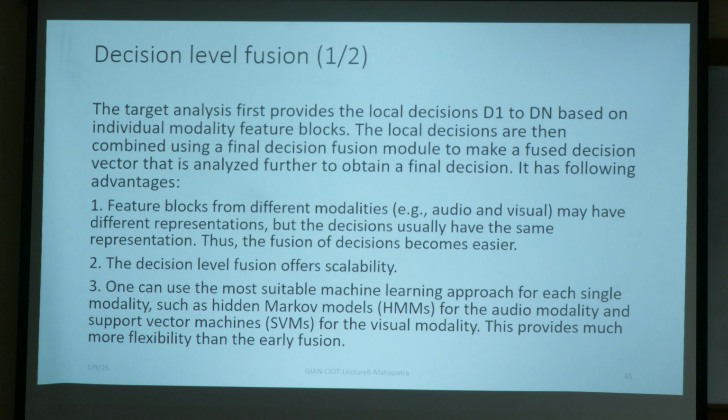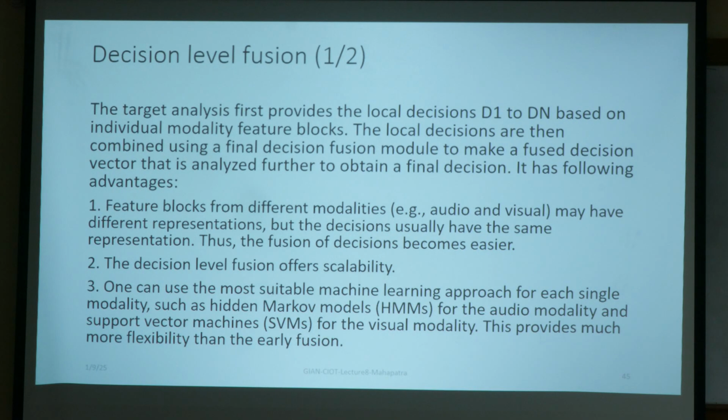Then decision level fusion, again I think you can get an idea of what's going on from the description. The target analysis first provides local decisions D1 to Dn, which is basically the left one is correct, based on the individual modality feature blocks, features 1, 2, 3, all those up to n.